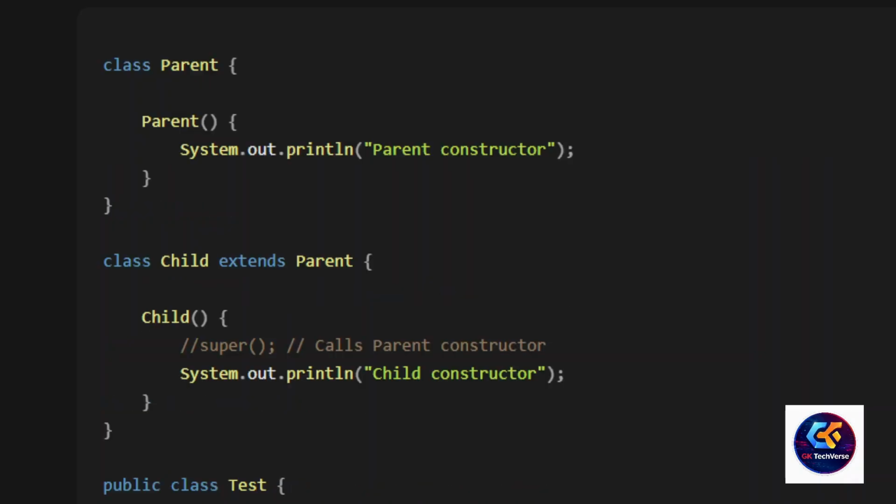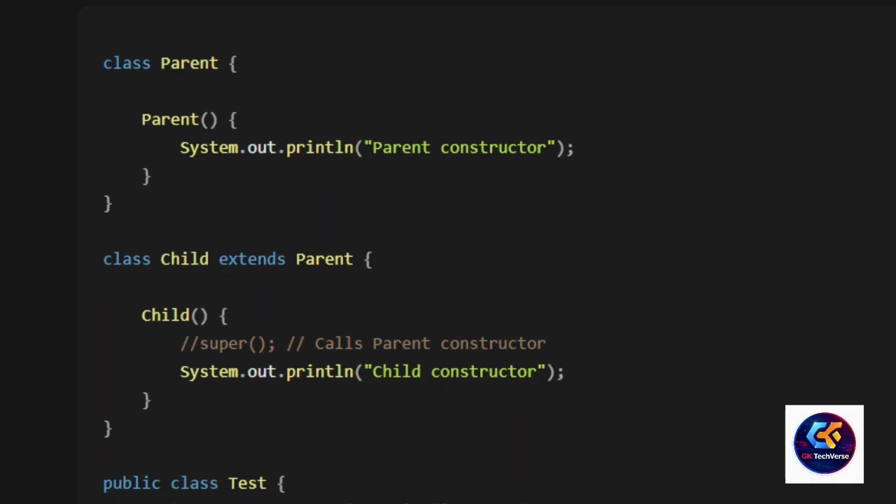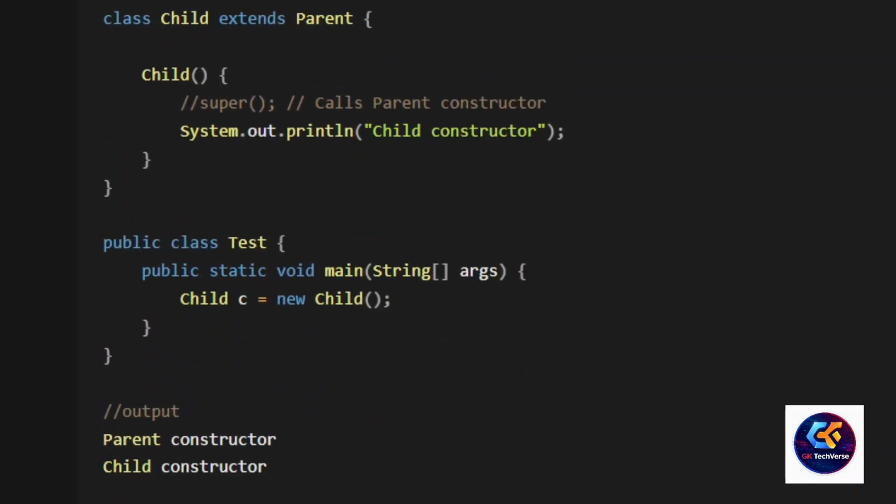Here we have created a parent class with a parent constructor, which is a default constructor, and also we have a child class which extends parent class, and the child class also has one default constructor, right? So whenever you create a child object, automatically the parent object will be created, and using the child constructor, the compiler will automatically call super.